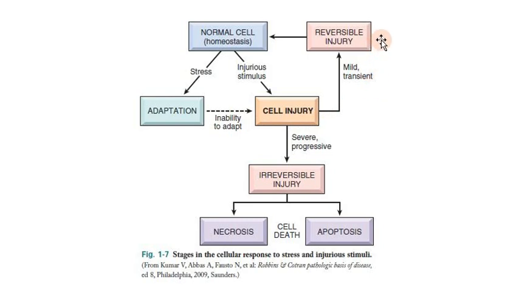Magiging normal siya ulit. However, if that is a very severe stimulus, pwede magkakaroon ng irreversible injury ngayon. Magkakaroon ng necrosis or death of the tissue or the cell, and pwede rin magkaroon ng apoptosis or magsisuicide lang yung cell. Apoptosis is also known as programmed cell death.